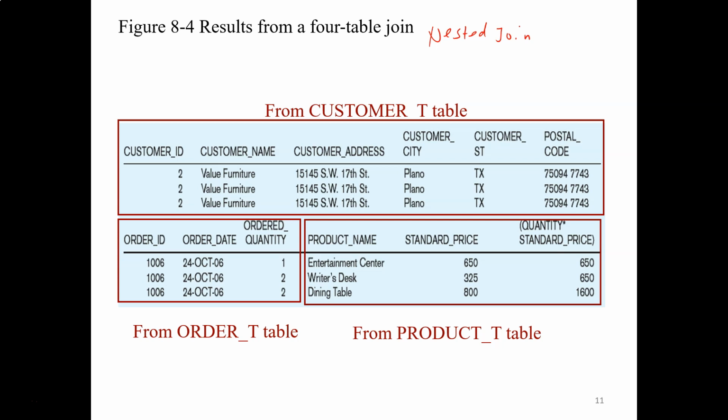Say we want to select the order ID and the quantity and also the product ID. Well, these 3 fields are from 3 different tables, right? Order ID is from the order table, quantity is from the order line table, and the product ID is from the product table, right? So we need to join 3 tables together.